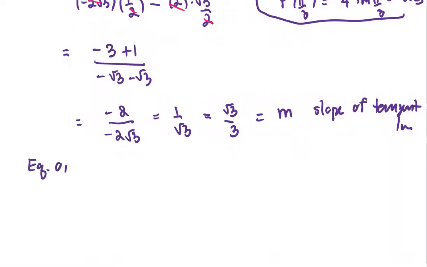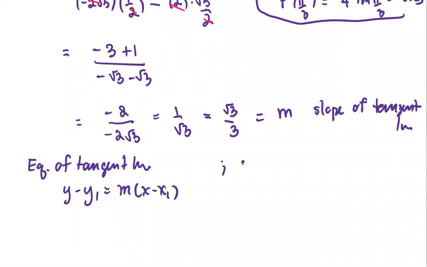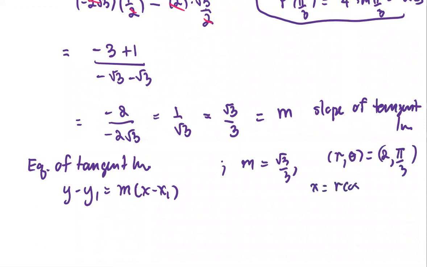Next, we're going to find the equation of the tangent line from the point-slope form, y minus y1 equals m times x minus x1. We know m is square root 3 over 3. How about the point? From r, theta in the form of 2 comma pi over 3, by definition x equals r times cosine theta, or 2 times cosine of pi over 3.